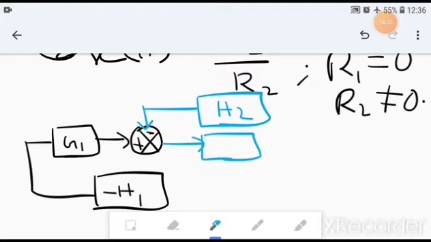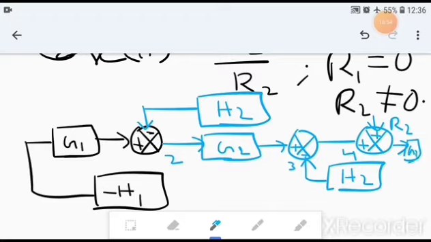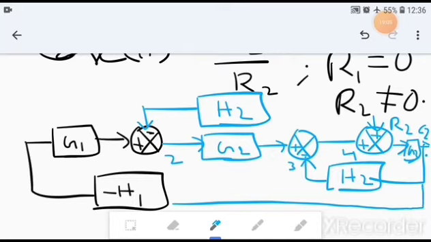Then summing point 3 is there, with plus and minus negative feedback with H2. Here we have summing point 4, because R2 is considered, and then G3, and the output C2. From the output we have the feedback of H2, and the minus H1 is also there from the output C2.